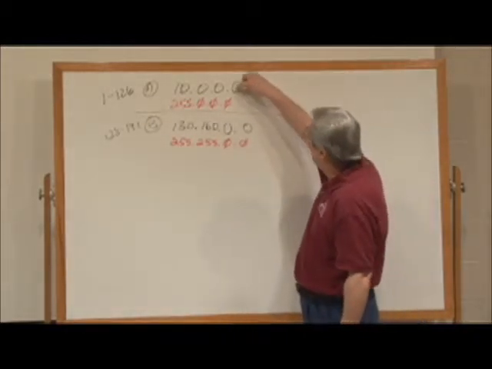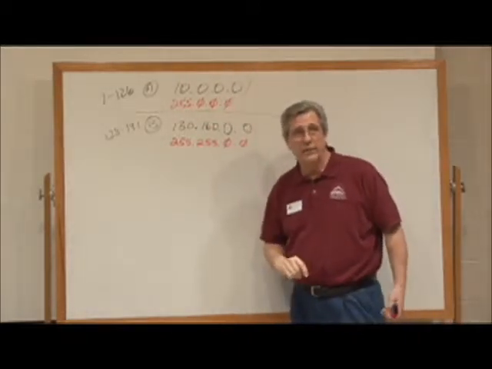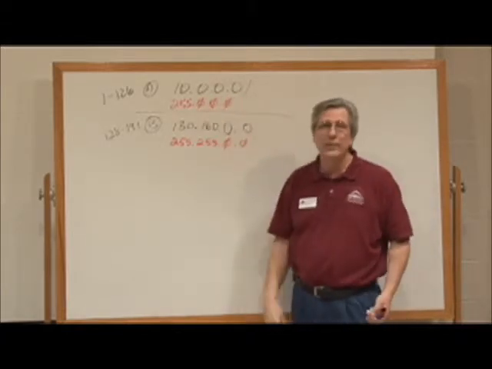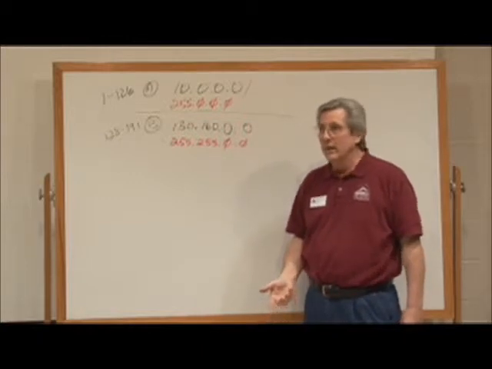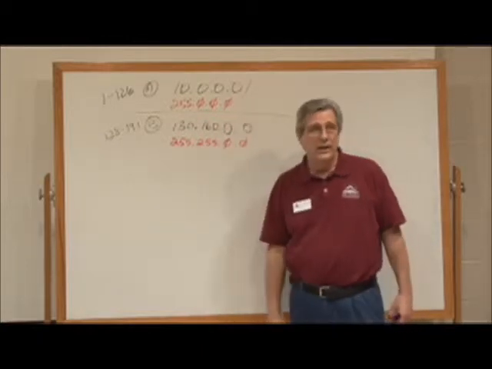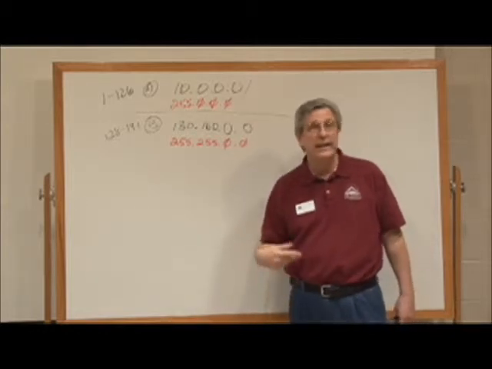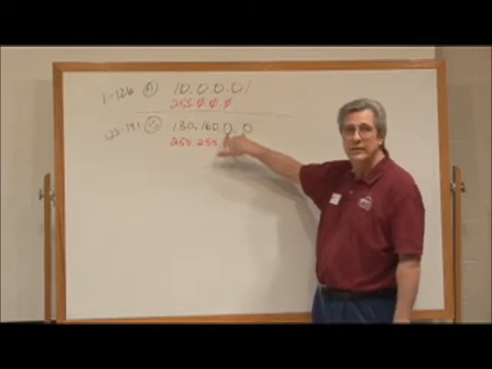I was allowed to manipulate these 3 octets in my Class A. What about these? Well, the only reason I was allowed to manipulate those is because it's the node portion of the address. So don't be concerned with how many octets you can manipulate. Be concerned with the rule: you can only manipulate the node portion of the address. And in this case, it's these 2 octets.